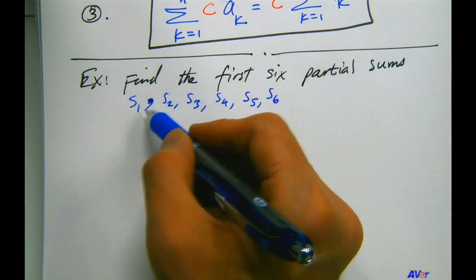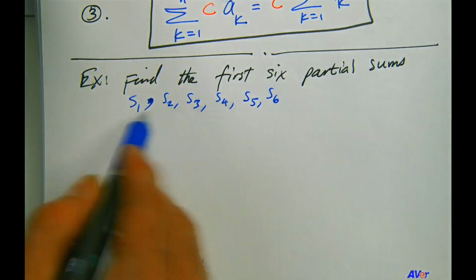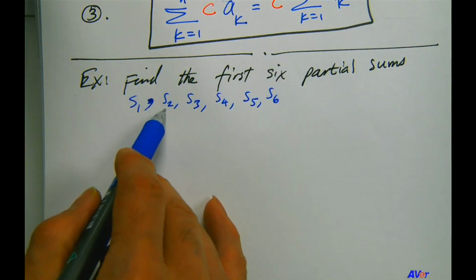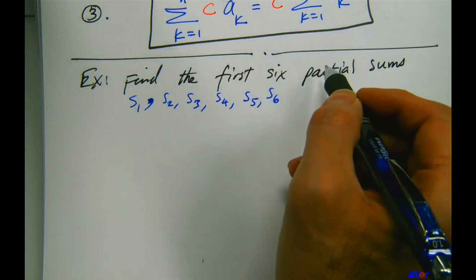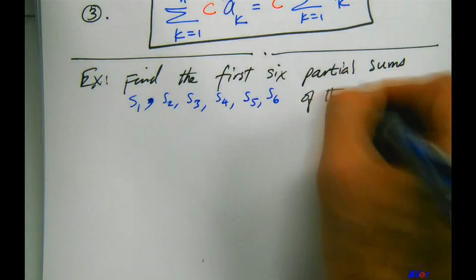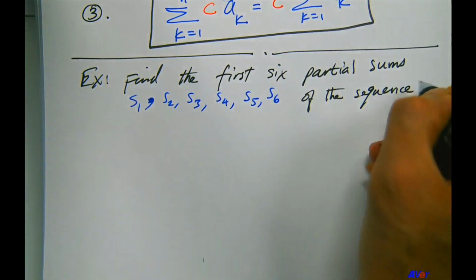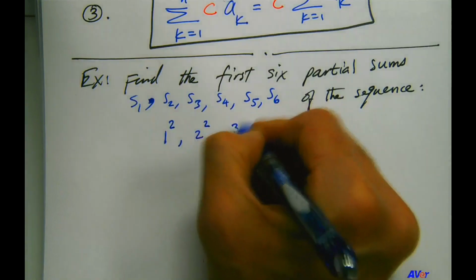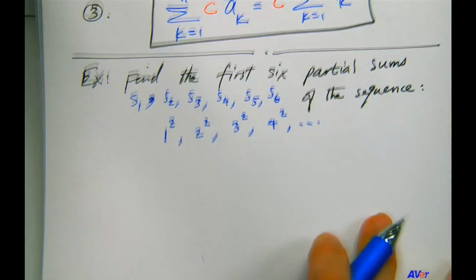So this is basically saying in the sequence that I'm going to write down in a minute, find the sum of the first term with itself, the sum of the first two terms, the first three terms, four terms, five terms, and so on. Okay? So find the first six partial sums of the sequence. This is the sequence: 1 squared, 2 squared, 3 squared, 4 squared, dot, dot, dot, like that.